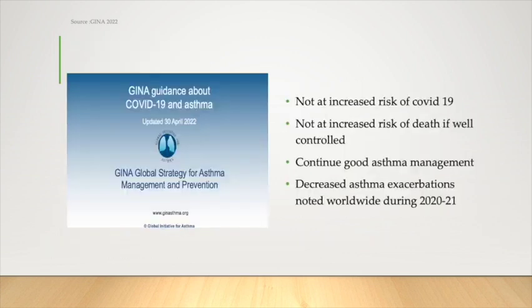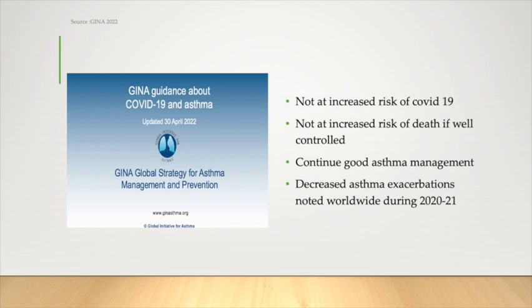Then, just like the severe asthma guidance, there is another guidance given on COVID-19 and asthma, which can again be downloaded easily. The main points are that patients with asthma are not at an increased risk of COVID-19. They are not at an increased risk of death if they are well controlled. So they must be encouraged to use good asthma management.